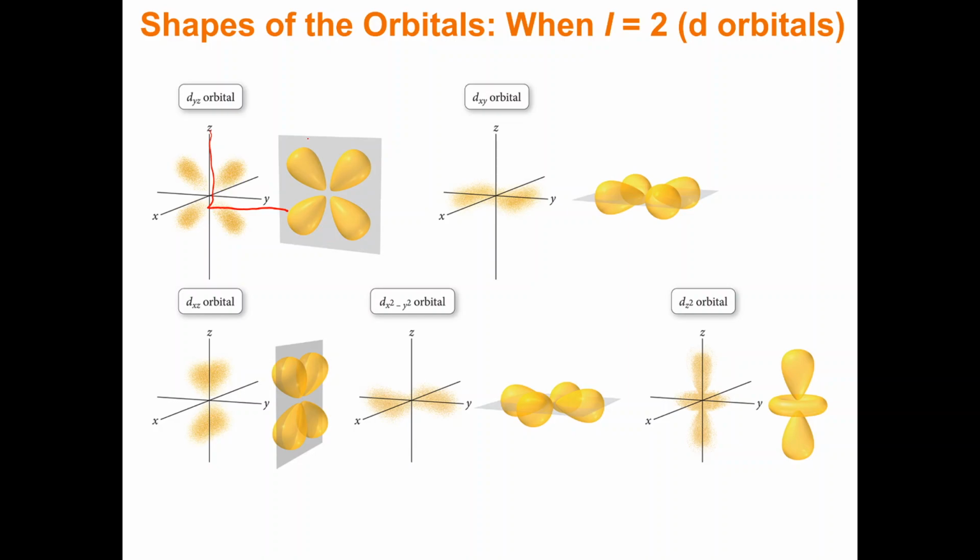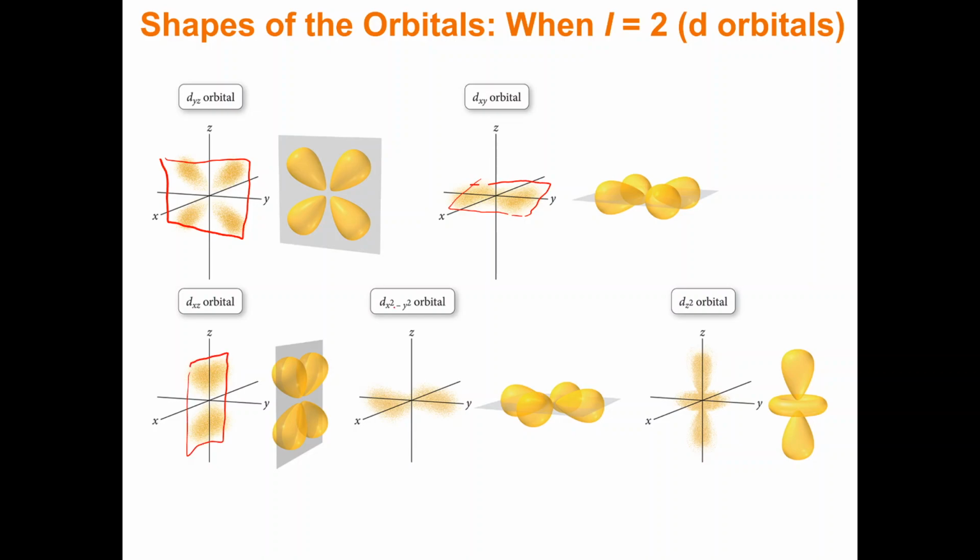So this would be the z and the y, so that plane. Think about these as being in a sheet of paper, all in one plane. They're all in that zy plane. And then dxy, because they're in the xy plane, and then dxz because they're in the xz plane.